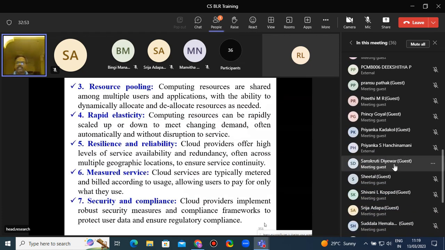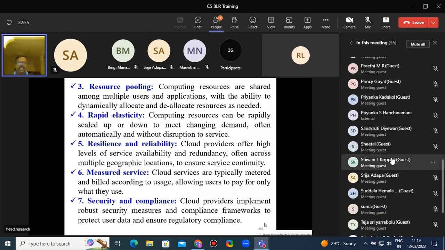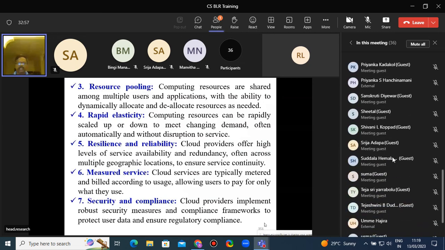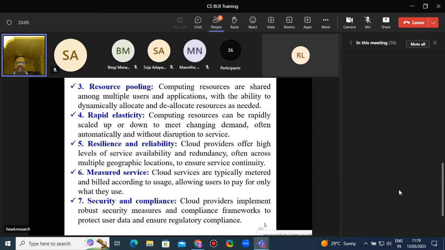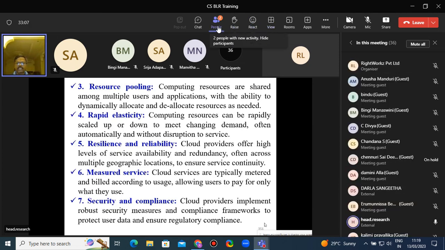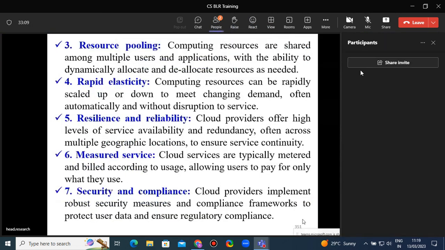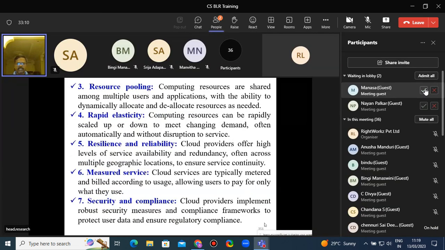Cloud providers offer high levels of service availability and redundancy, often across multiple geographic locations, to ensure service continuity. Sixth one is measured service.